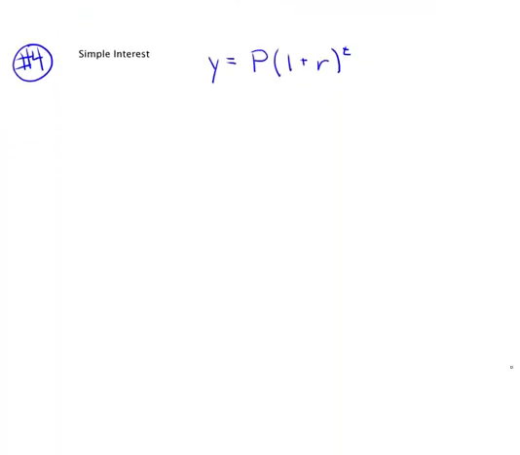And our last one that is related to this is simple interest. A lot of these formulas are very similar. They're just used in different places, so they look different. But we can see that it is very similar to y equals a, parentheses, the 100% plus our rate of interest, to the time, or x, as our independent variable.